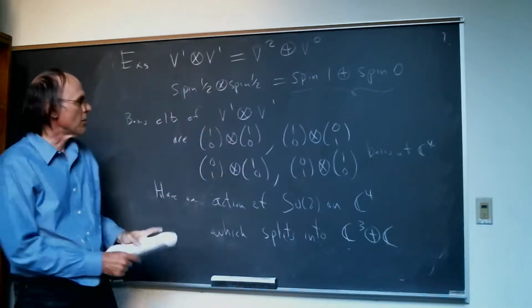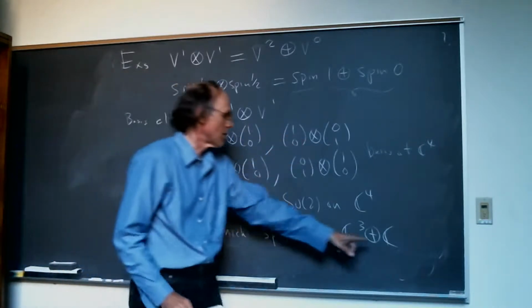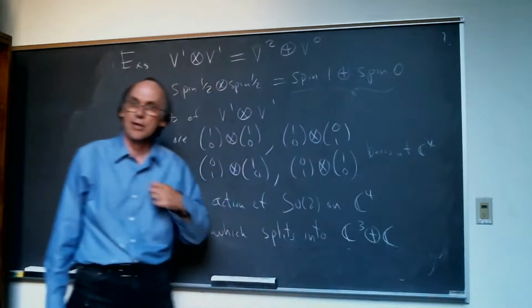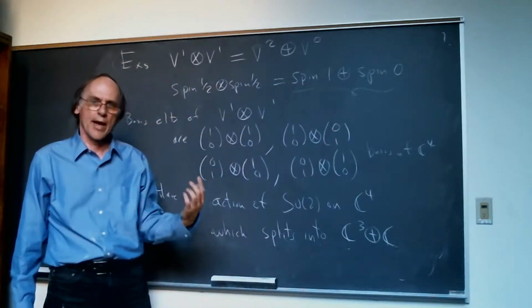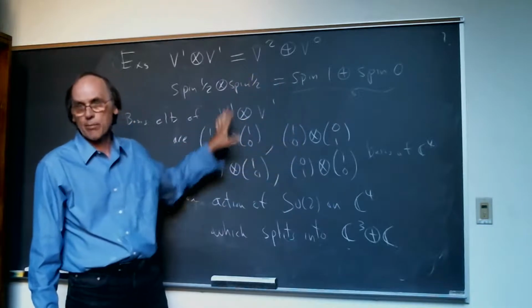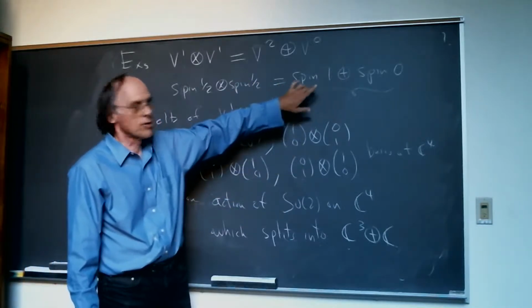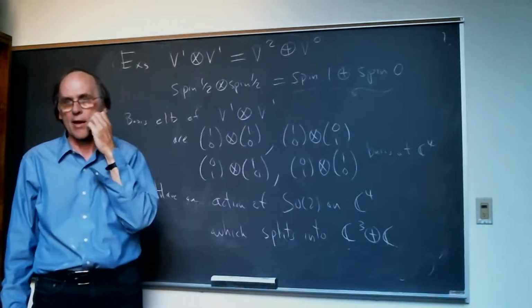Among these 4 basis elements, there's some linear combination which is invariant under SU2, and you can find that. Then the complement of the space is 3 complex dimensional, and that behaves under SU2 like a spin 1 representation.